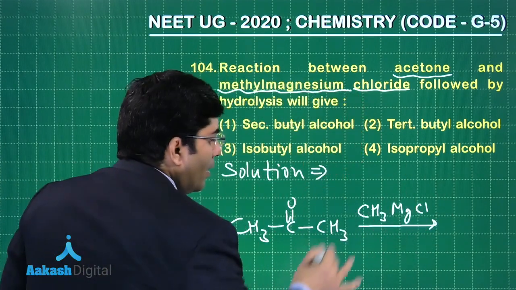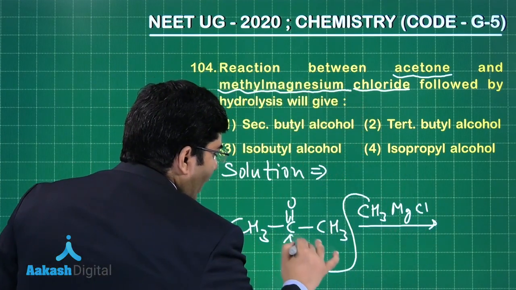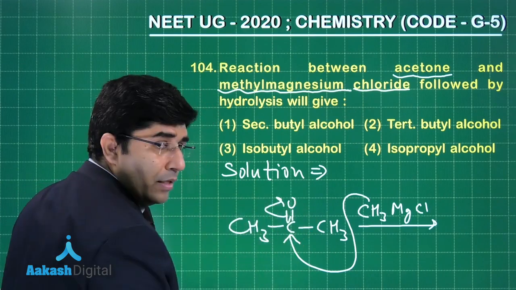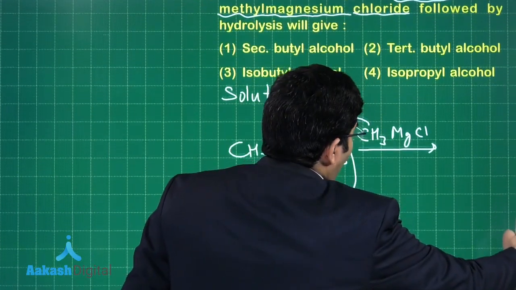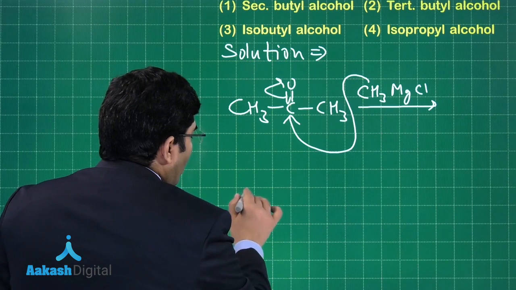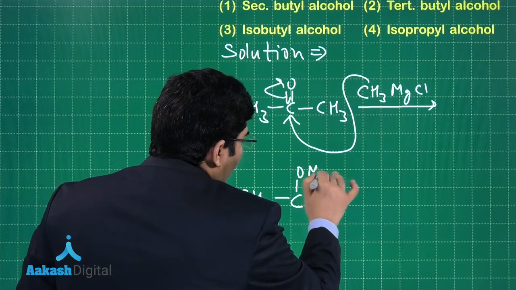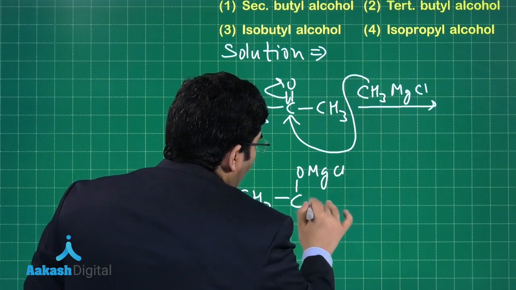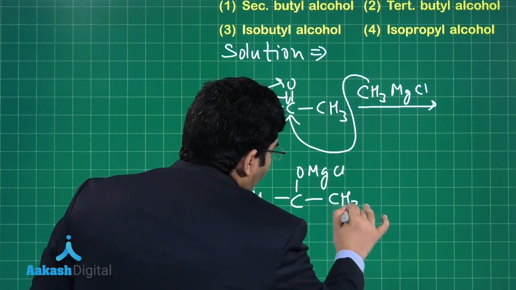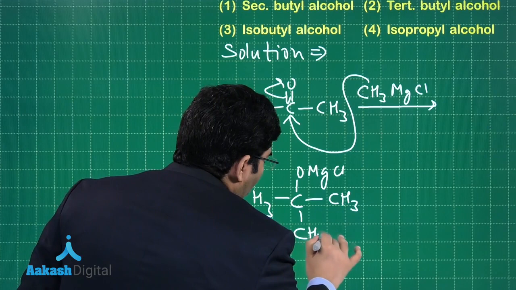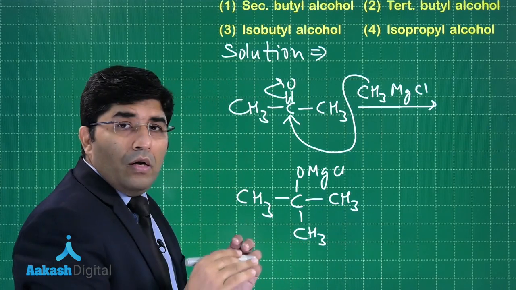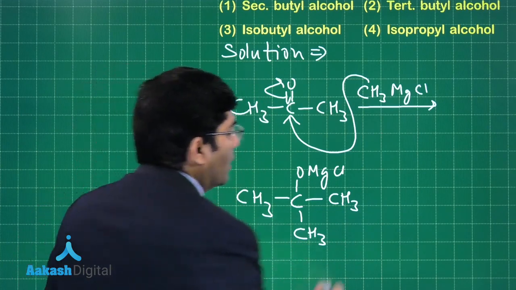Now what will happen, this CH3 will attack here and this bond will break, right? And we will get CH3 C O MgCl with CH3 and CH3. Now we have to hydrolyze it.